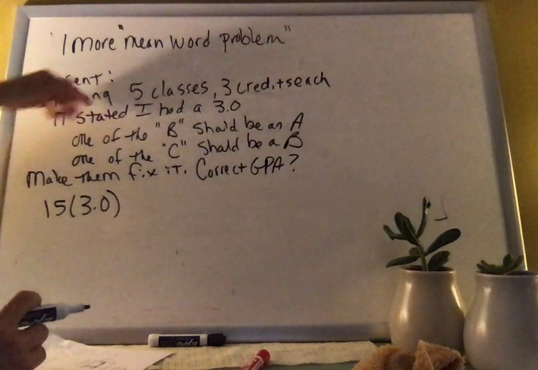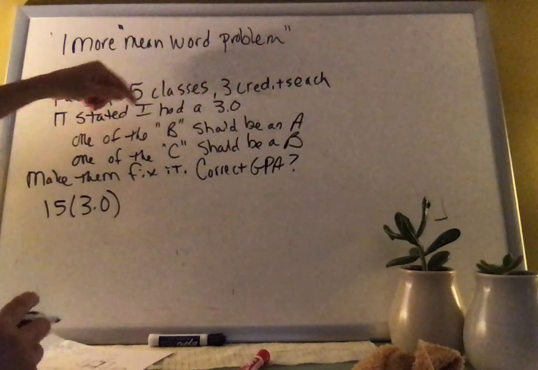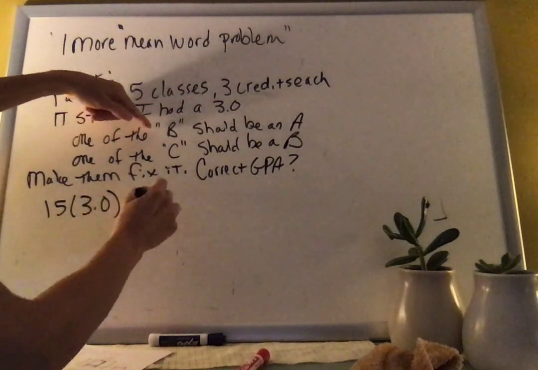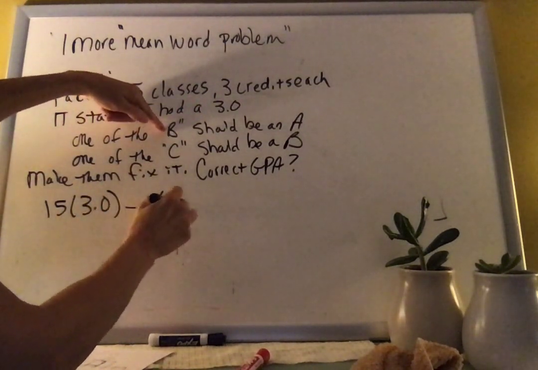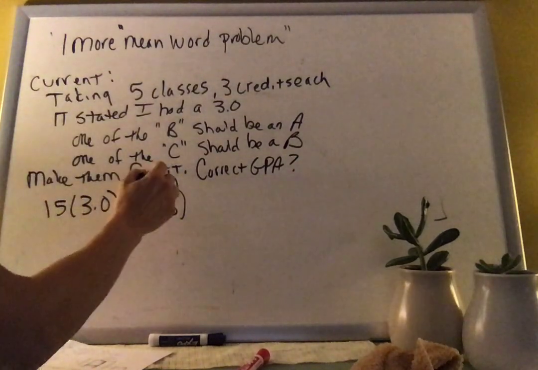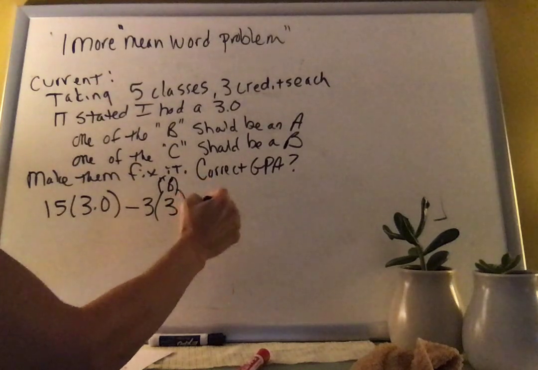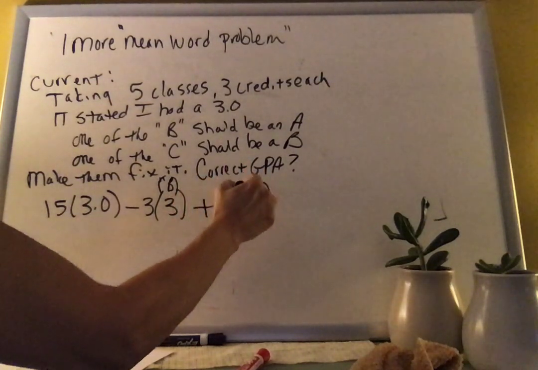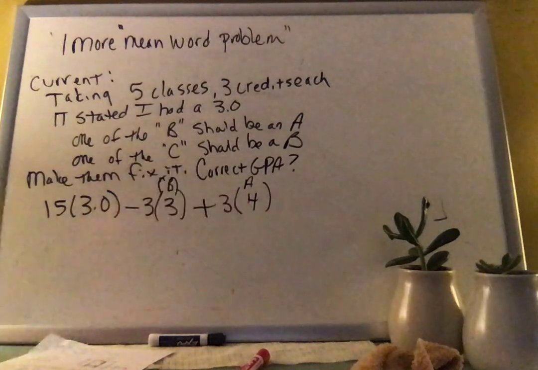Okay, so one of the B's should have been an A. And these are all 3 credit classes. So that's how many credits. B is worth 3. So I got to kick out that B. And I need to add it back in as an A. So instead of it being worth 3, it's worth 4.